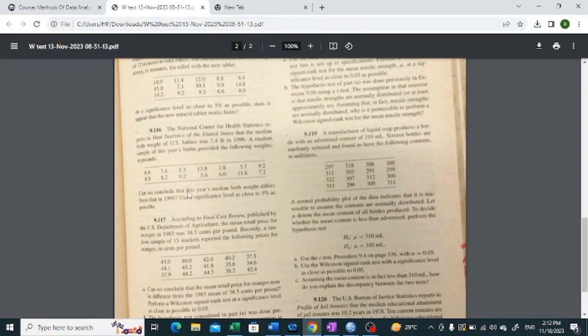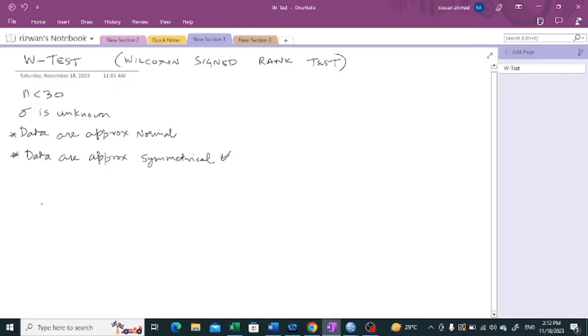So now what we do, we state our H naught first. H naught is mu with a curl sign on top of it, indicating the median, is equal to 7.4 pounds.